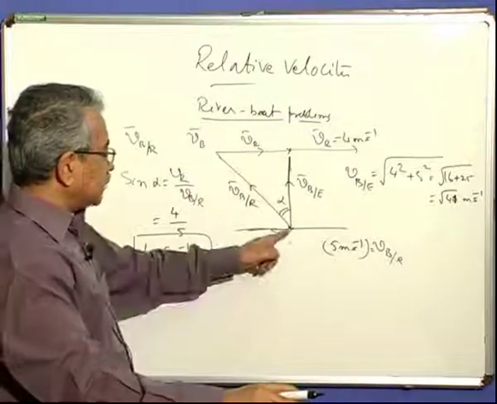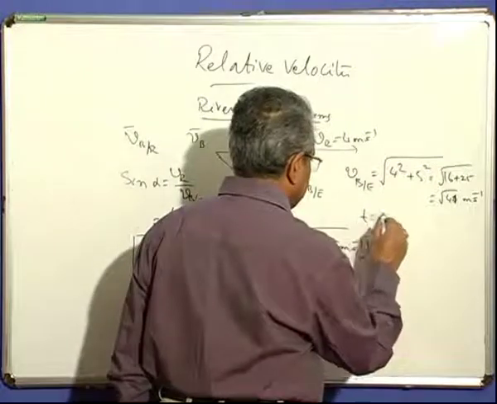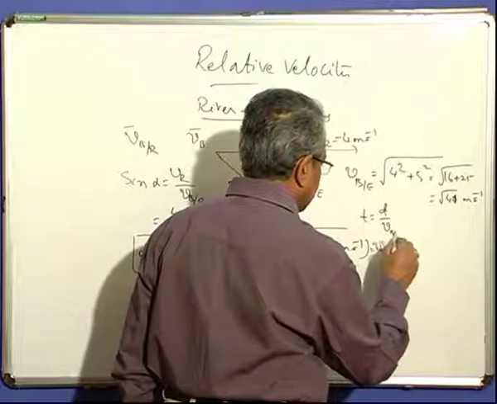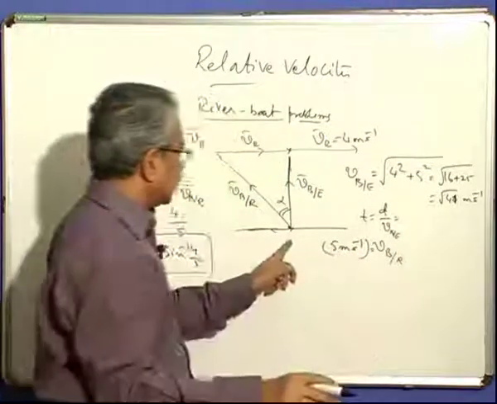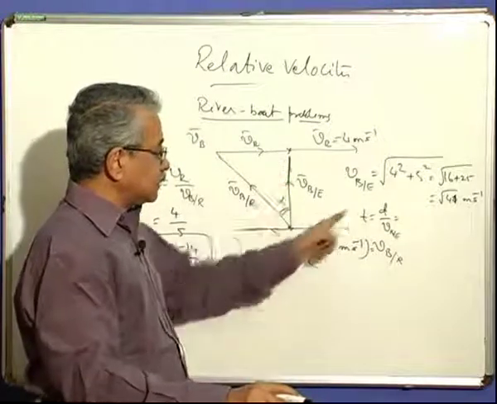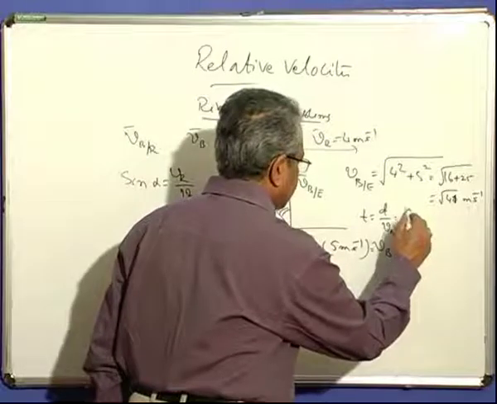How much time will it take from here to there? You will find time is given by the distance travelled divided by the velocity. Here this velocity must be taken. It is travelling like this ultimately, from this end to that end. The width of the river, suppose, is d. We call it 1 kilometer suppose, or 0.5 kilometers suppose.